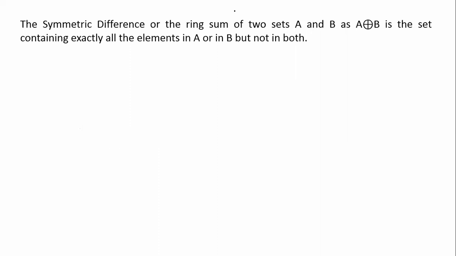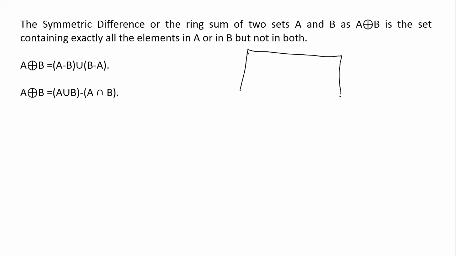Then the next operation is the symmetric difference, or the ring sum of two sets A and B. A ring sum B is the set containing exactly all the elements in A or B but not in both. So this is the definition. If we briefly have a Venn diagram here, this is set A, this is set B. Definitely we must write the universal set before that.